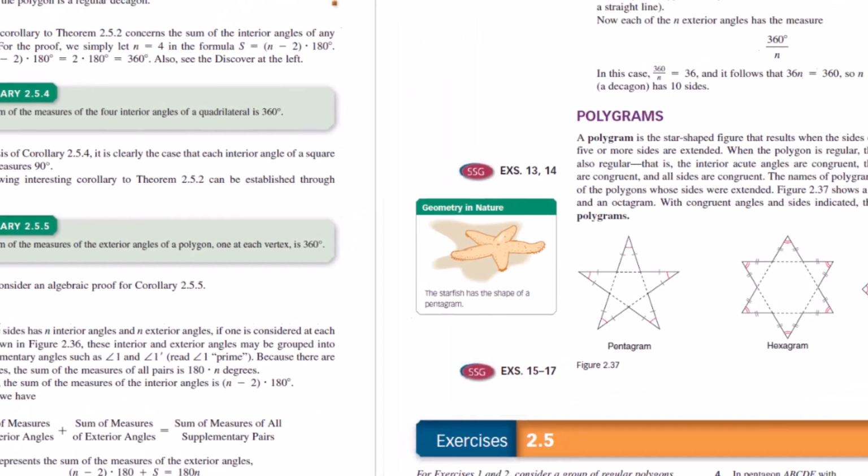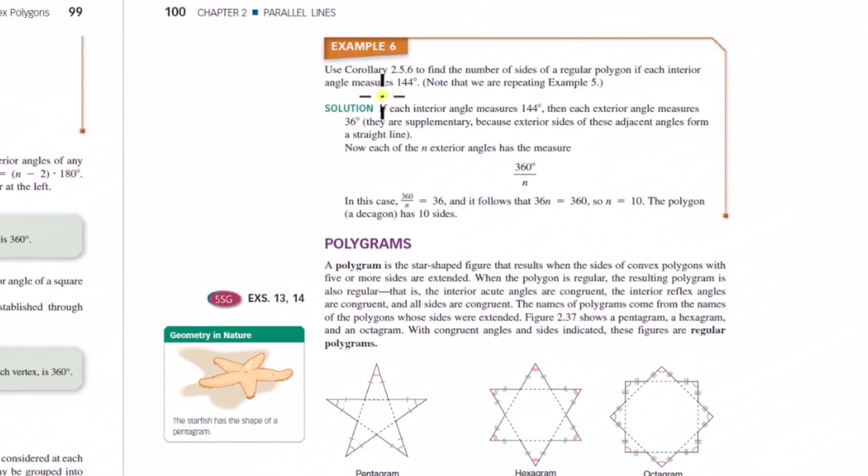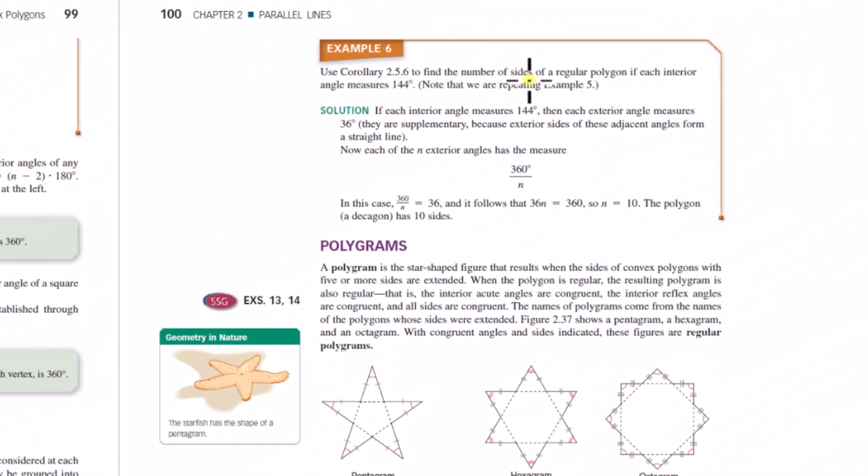Okay, so here they do an example. Find the number of sides of a regular polygon if each interior angle measures 144 degrees. Okay, so they want us to use that corollary we just talked about to solve this. Well, we saw that the interior angle is going to be supplementary with the exterior angle.